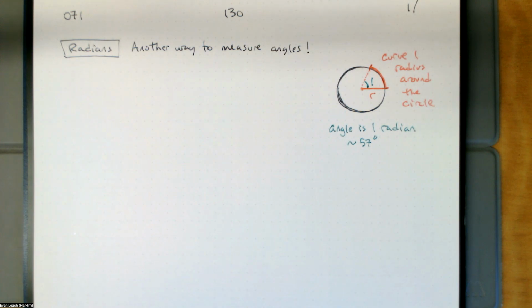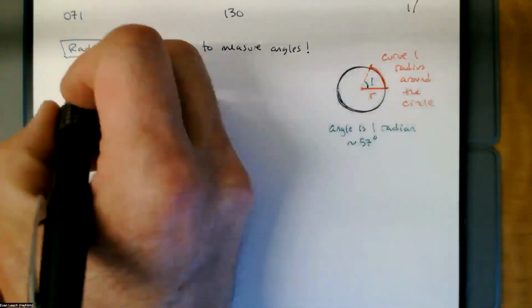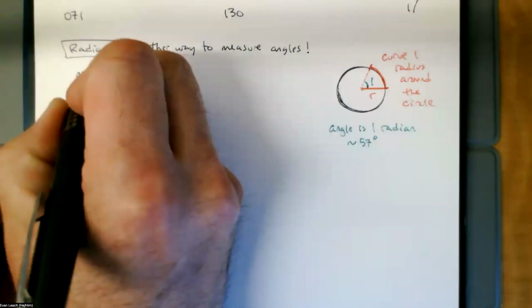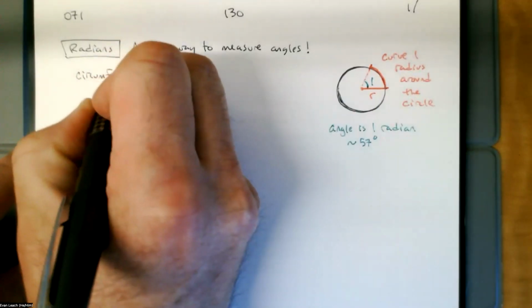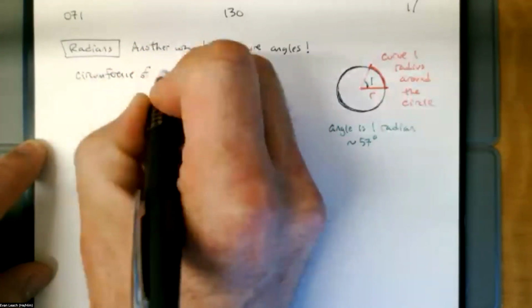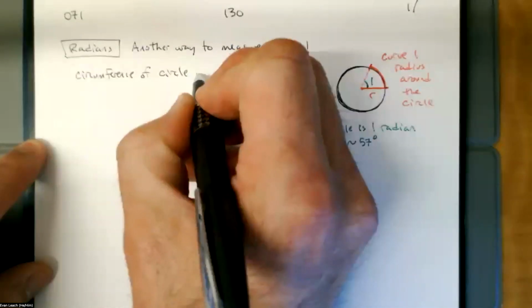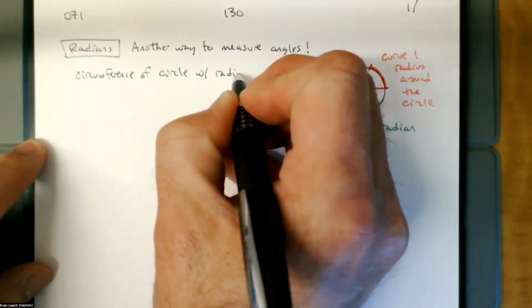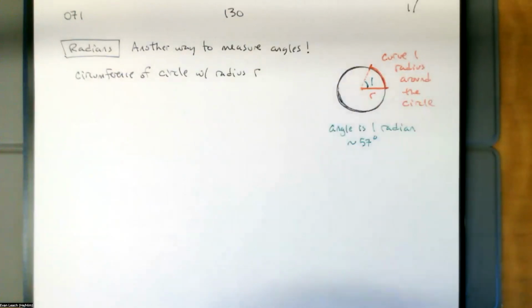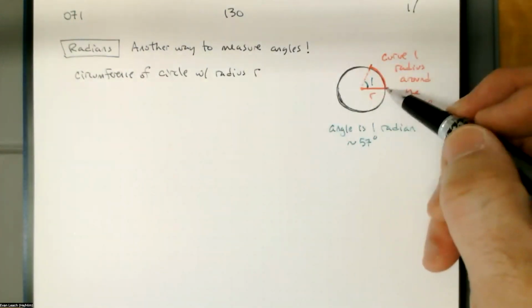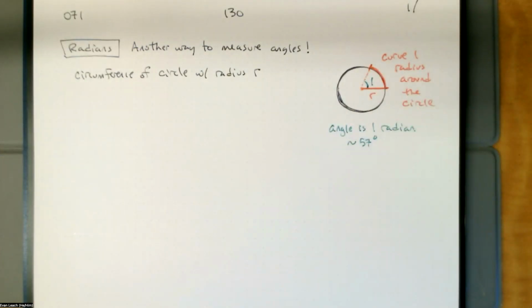So if we go all the way around the circle, that's 360 degrees. What is the circumference of a circle as a function of the radius? What's the circumference of a circle with the radius of R?